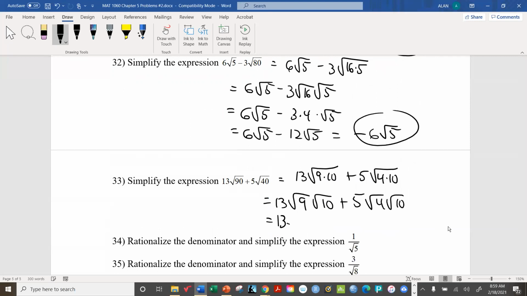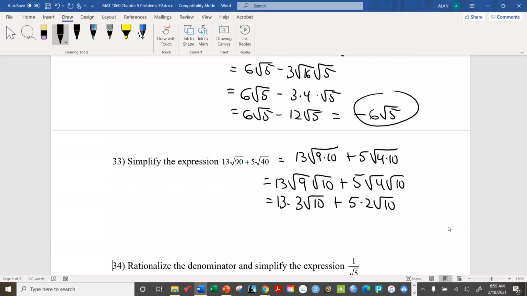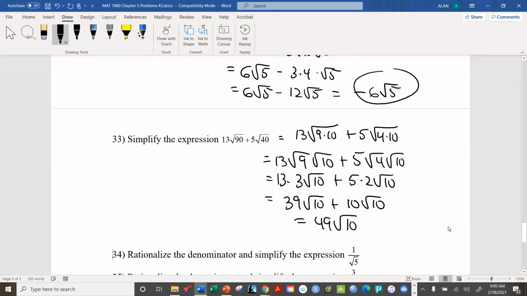Equals 13 times 3 radical 10 plus 5 times 2 radical 10. So we've got 39 radical 10 plus 10 radical 10, 49 radical 10. Now 10 itself, the only factors of 10 are 1 and 10 and 2 and 5, all of which are prime numbers. So we can't do anything with that. So our final answer is 49 radical 10.